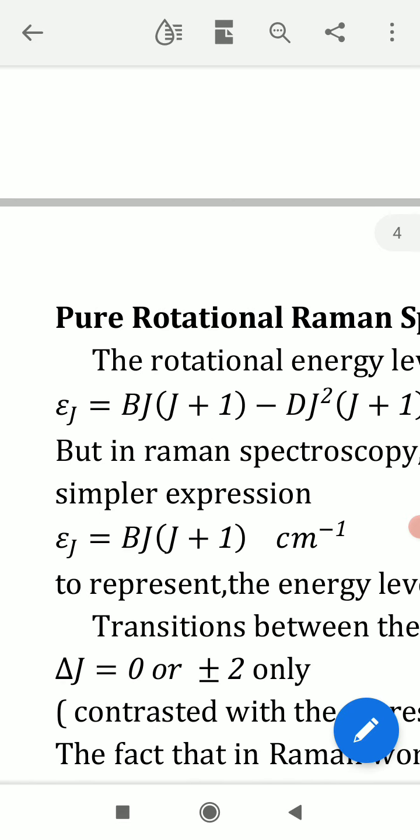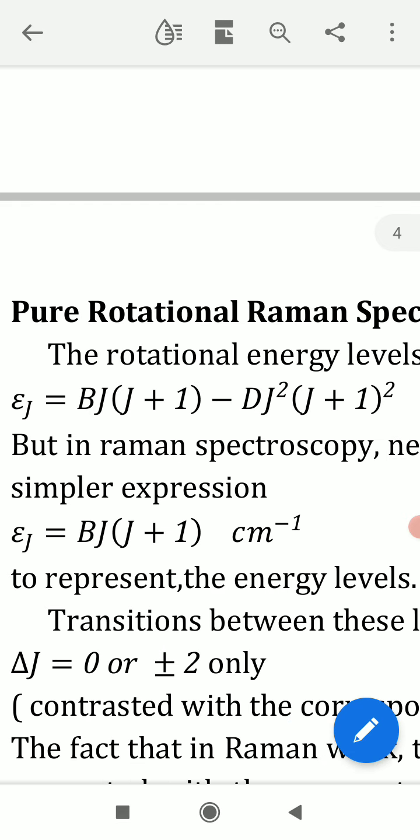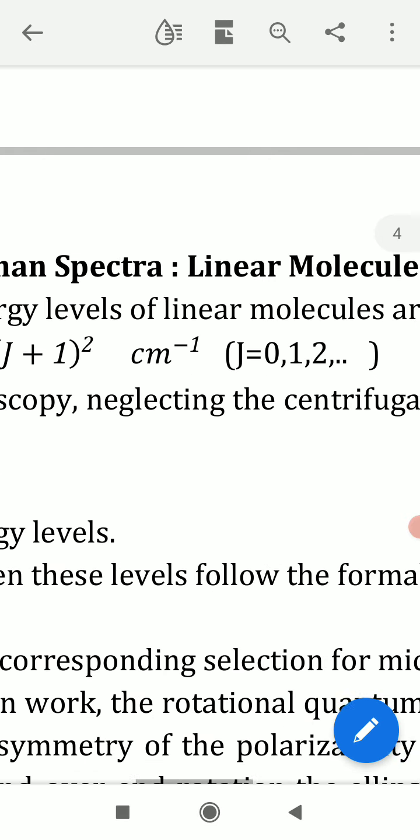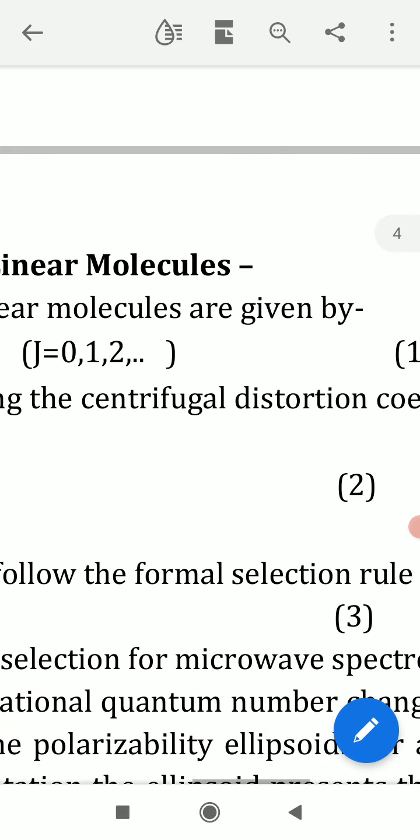So rotational energy in units of wave number is given by this formula: Bj(j plus 1) minus Dj squared (j plus 1) whole squared. In Raman spectroscopy, we can neglect this second term.